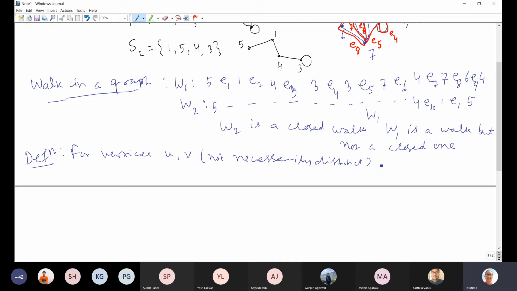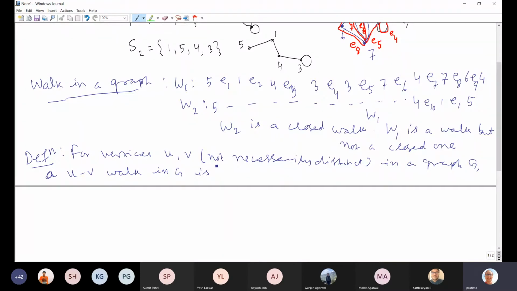For vertices U, V in a graph G, a UV walk in G is an alternating sequence of vertices and edges. We can say that a walk is an alternating sequence of vertices and edges starting and ending with vertices, okay.